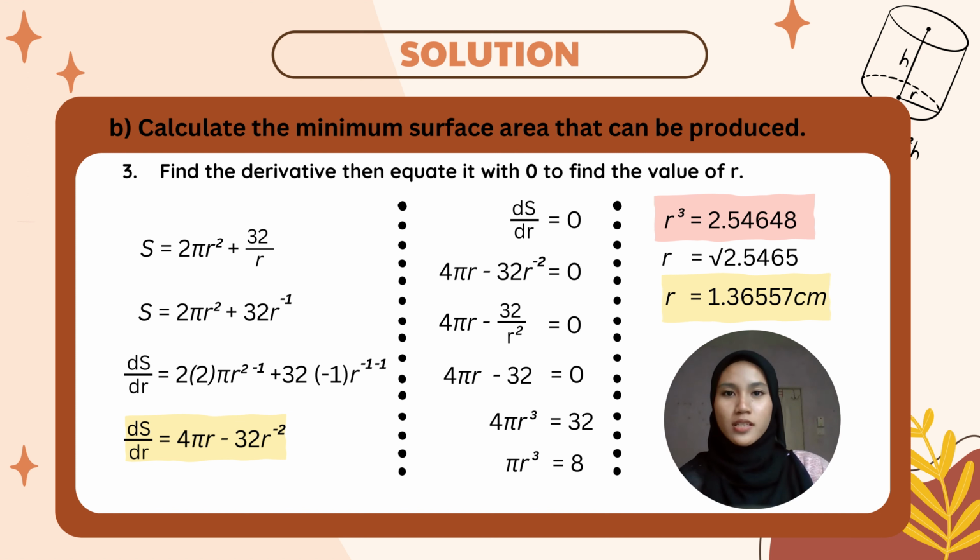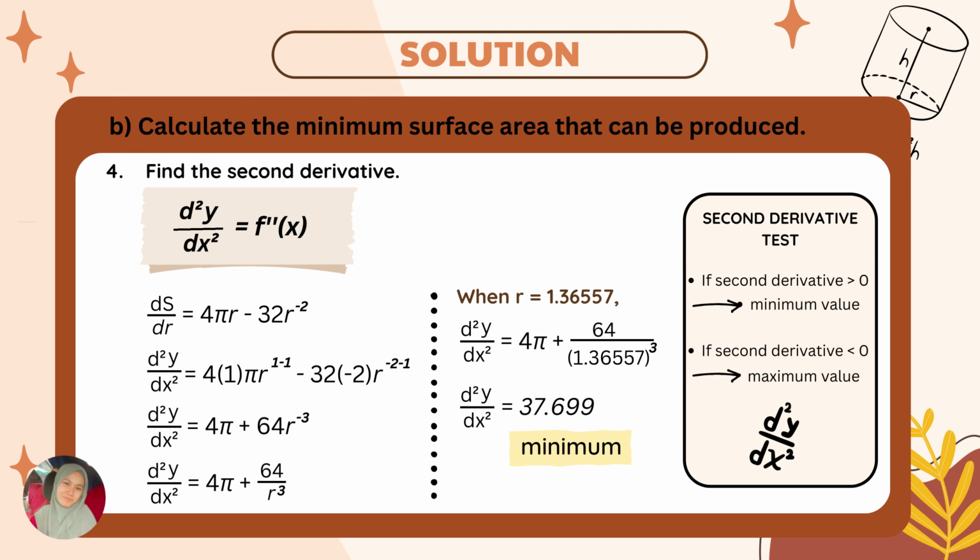In this question, we will get r equal to 1.36557 cm. Next, to show that the value of r gives a minimum value of S, we need to do the second derivative test.